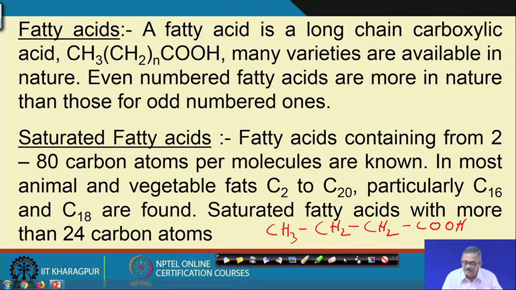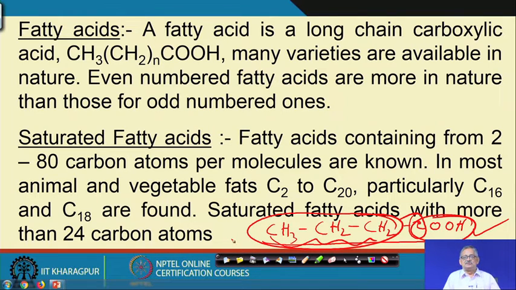Subsequently, in our class or in books, you will see that this COOH carbon, along with that carboxylic acidic group, is taken aside. Normally, the number of carbons is said in terms of the remaining carbons, CH3, CH2, CH2, that is 3 carbons, C3, because COOH is common to all carboxylic acids.